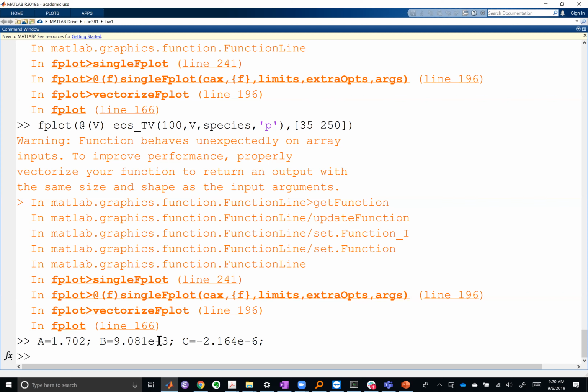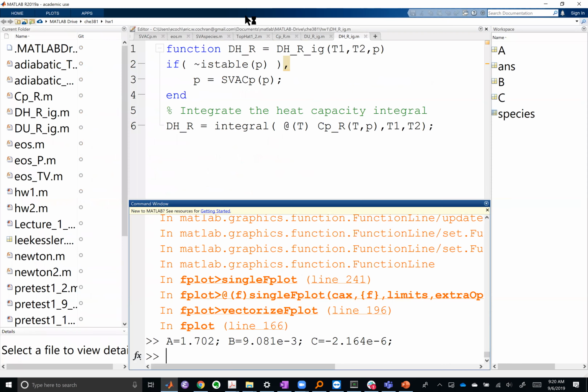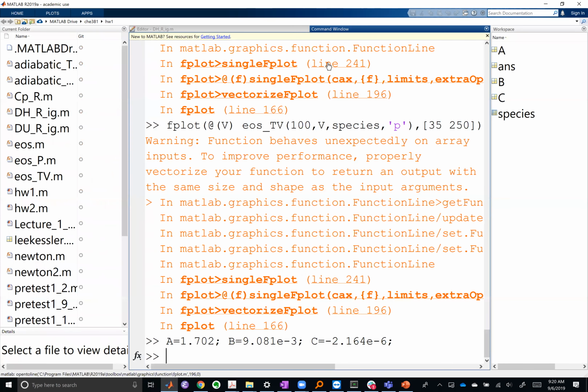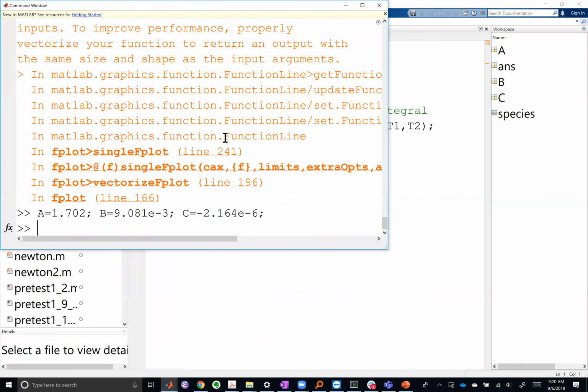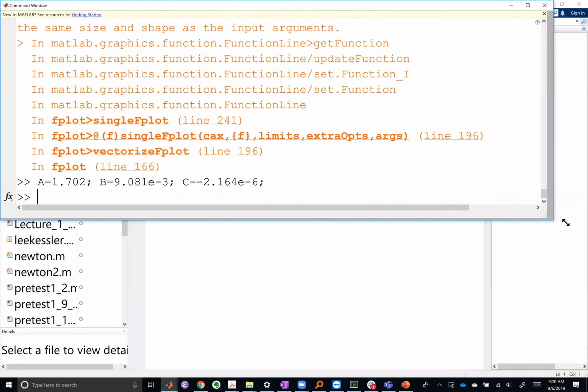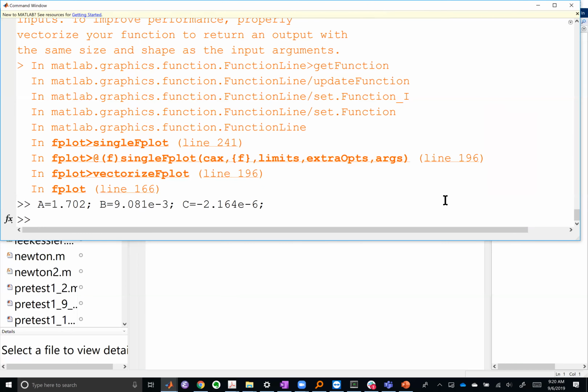All right, let's see if I can get it a little higher. All right, better?